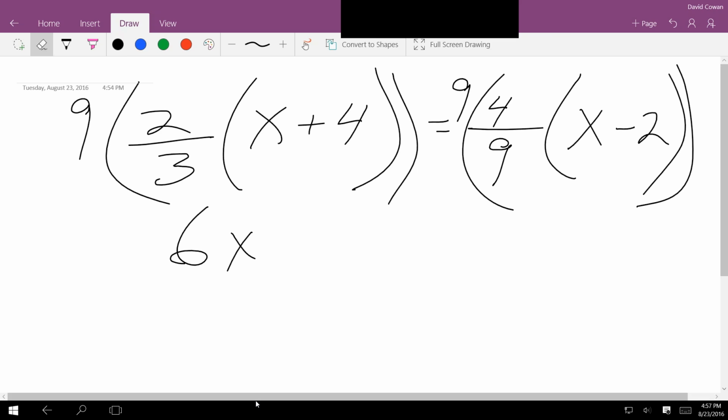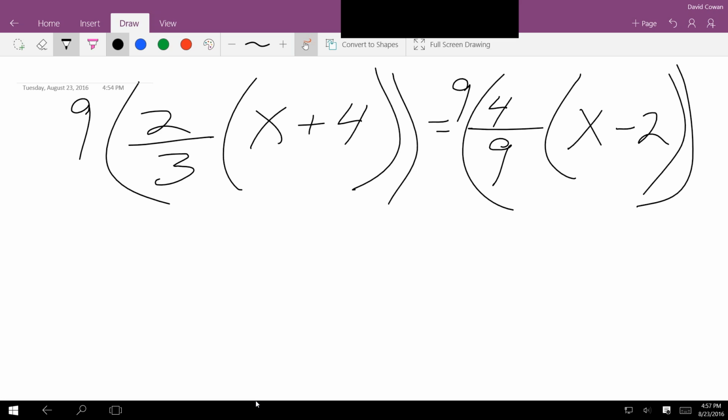The point I was trying to make is if we multiply the 9 times the 2/3, that's 6. And I still have x plus 4, like that. That's what I get when I do the left side. I'm going to do it in 2 steps. What do I get when I do the right side?